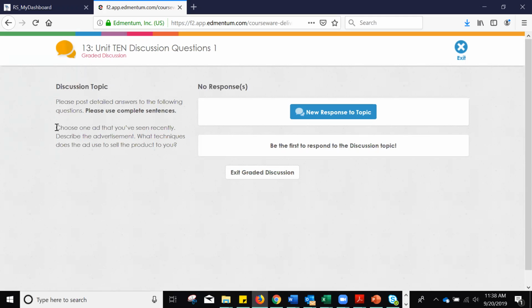For this one, it says that you need to choose an advertisement that you've seen recently, describe the advertisement, and then answer the question, what techniques does the ad use to sell the product to you? It is important that you respond to all questions in your discussion topic.